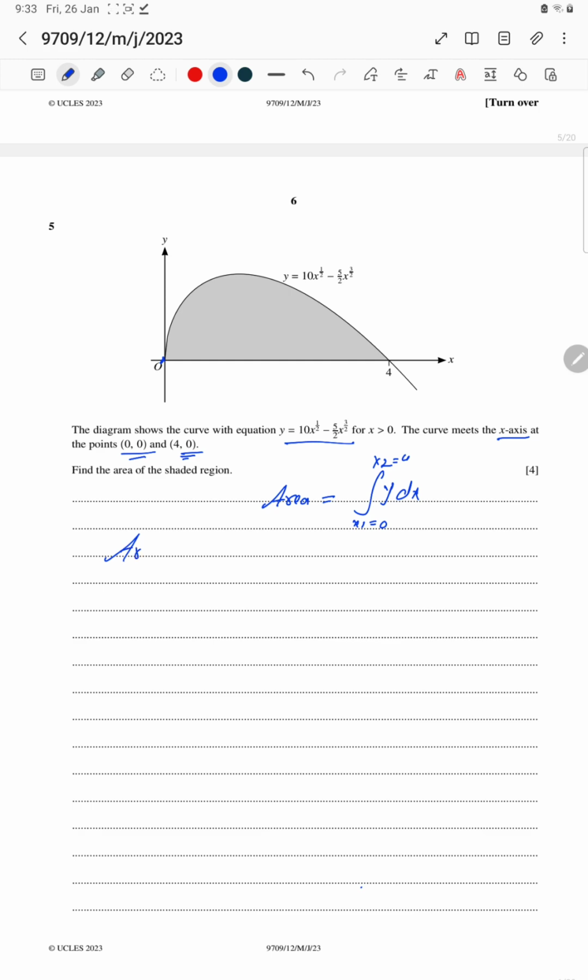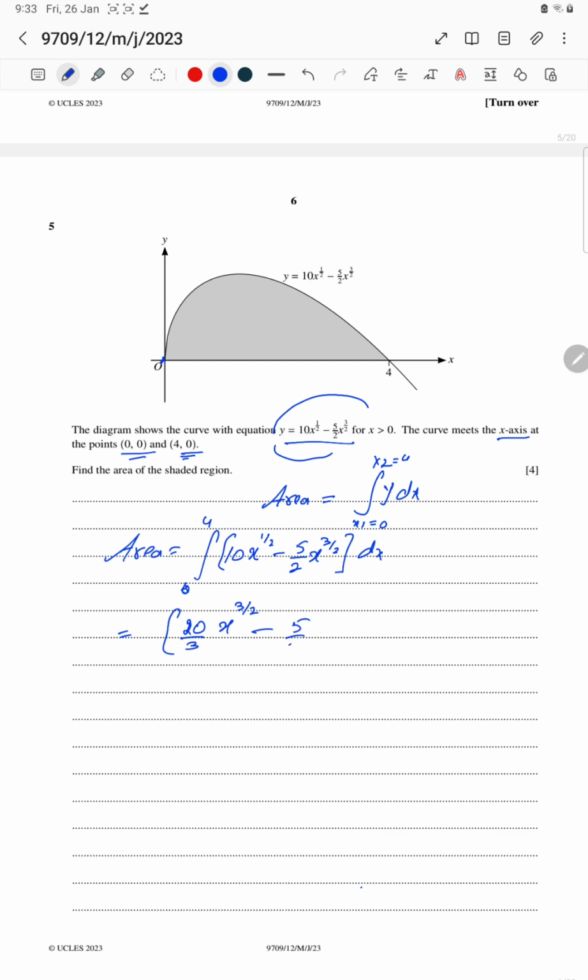So we will integrate it. Area is equal to the integral from 0 to 4 of y, which is given here, 10 x power 1 by 2 minus 5 by 2 x power 3 by 2 dx. Apply the rules of integration: for 10 x power 1 by 2, we add 1 to get 3 by 2 and multiply by 2 by 3, so it becomes 20 by 3.